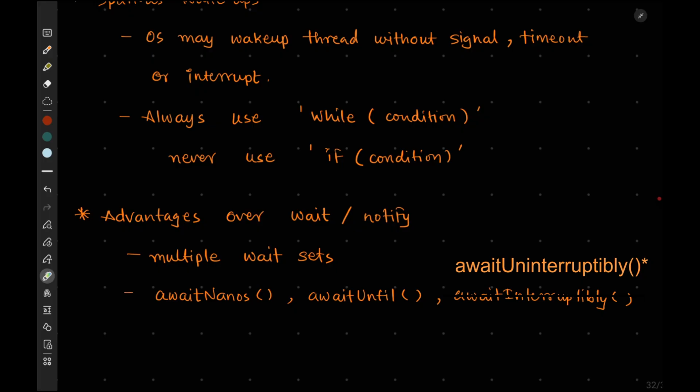And it is still low level enough to build things like a blocking queue, which is what ArrayBlockingQueue uses internally. But remember, you must hold the lock when you call the await method or signalAll method. Otherwise, you will get an IllegalMonitorStateException. That's the same rule as wait and notify, and always loop on await.